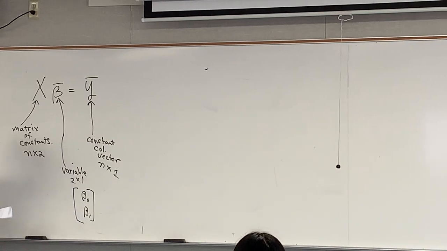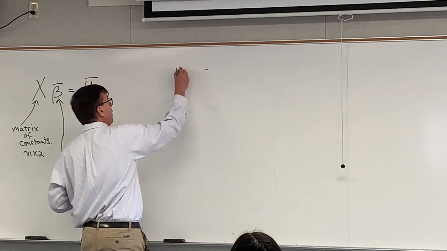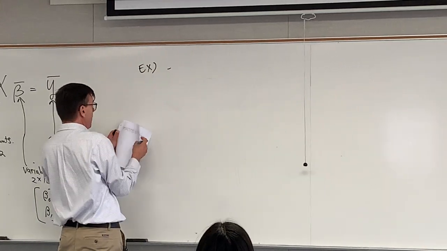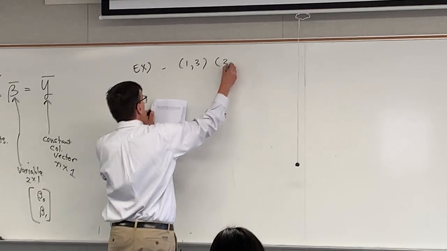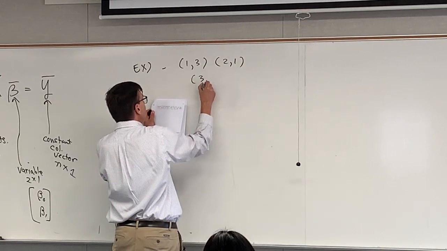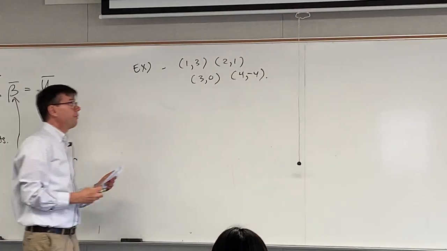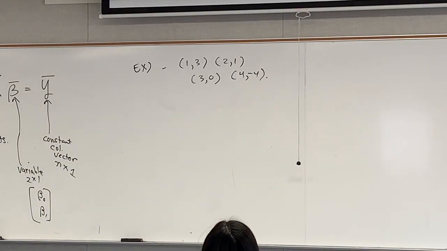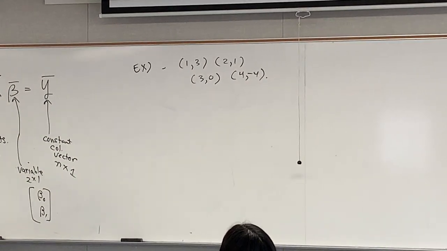So we do have to be aware of how to set up this problem. I only have 4 points, which is pretty silly. In a real application, you might have 100 points or 1,000 points if you're trying to find a line, right? So you're going to end up with quite an enormous system.